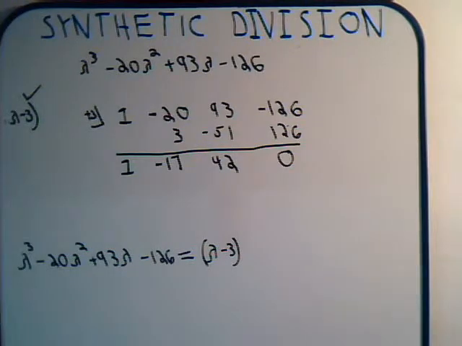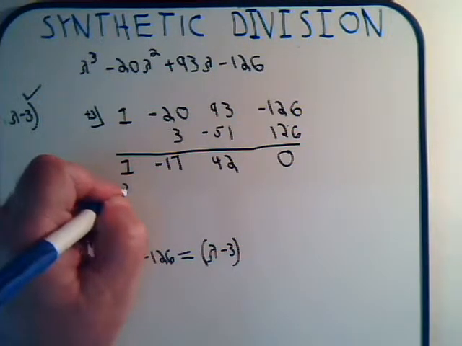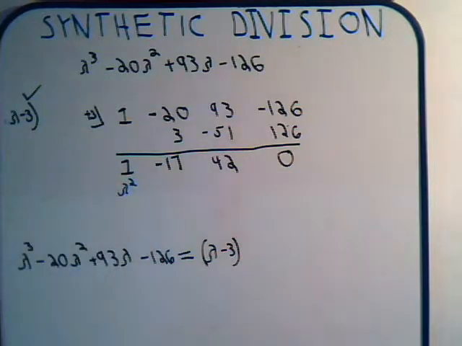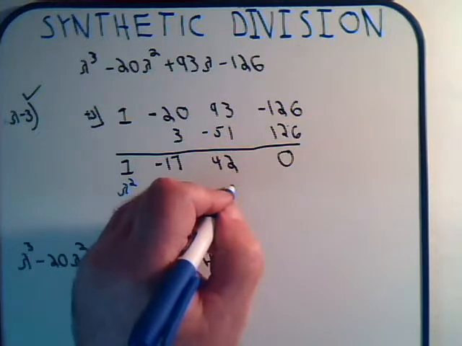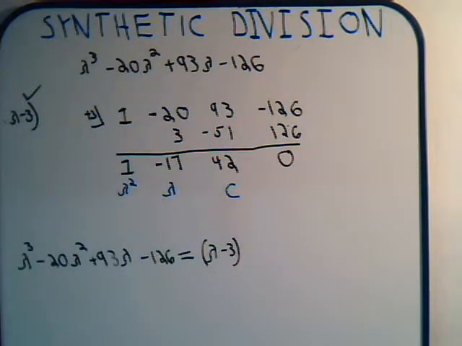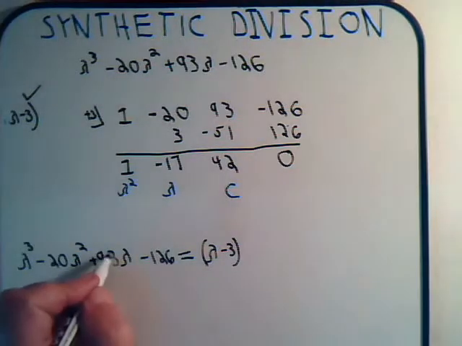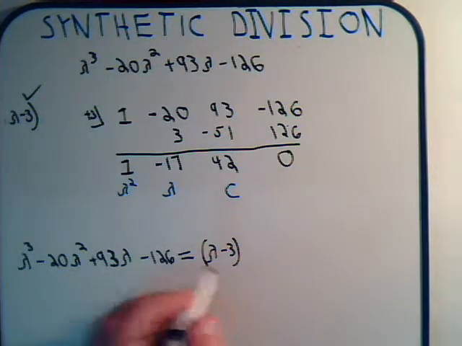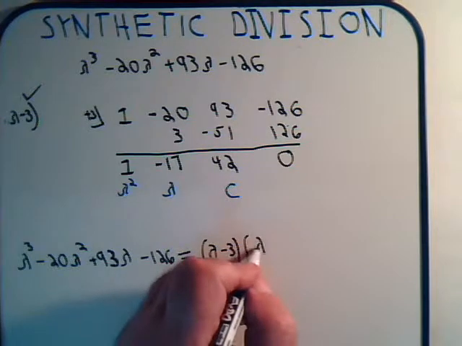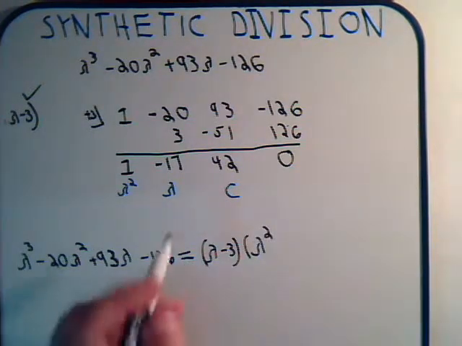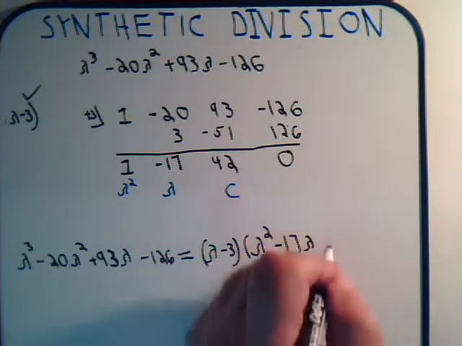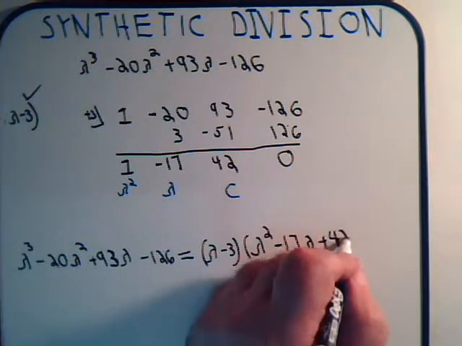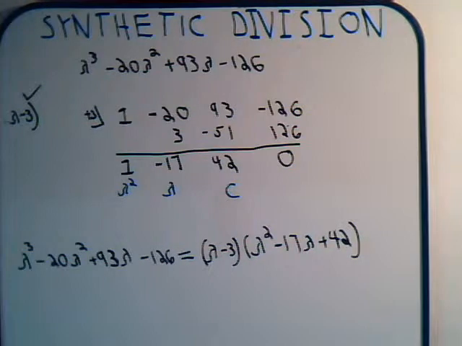Now it is the coefficient of lambda squared. This is the coefficient of lambda, and that's our new constant. So this is equal to lambda minus 3 times lambda squared minus 17 times lambda plus 42.